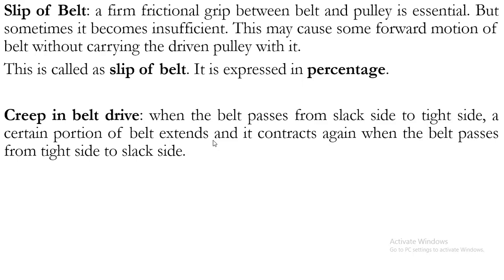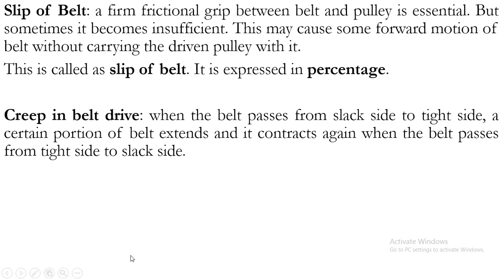Similarly, when the belt moves from the tight side to the slack side, because of less tension in the slack side, the same portion of the belt contracts. So that is what they are telling here. A portion of the belt extends when it passes from the slack side to the tight side, and it contracts again when it passes from the tight side to the slack side. Because of that variation in tension, the belt extends and contracts.